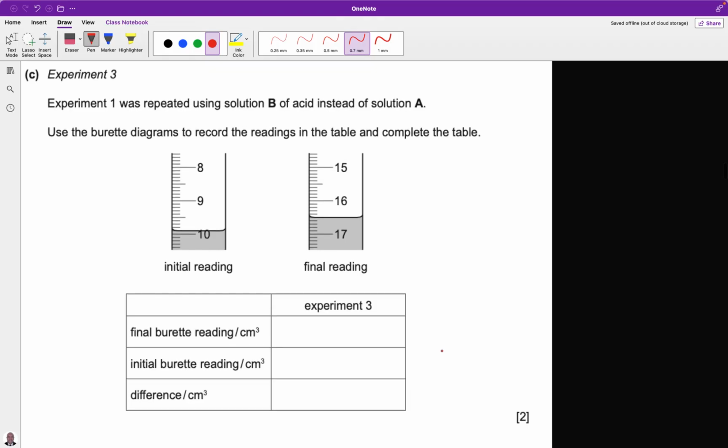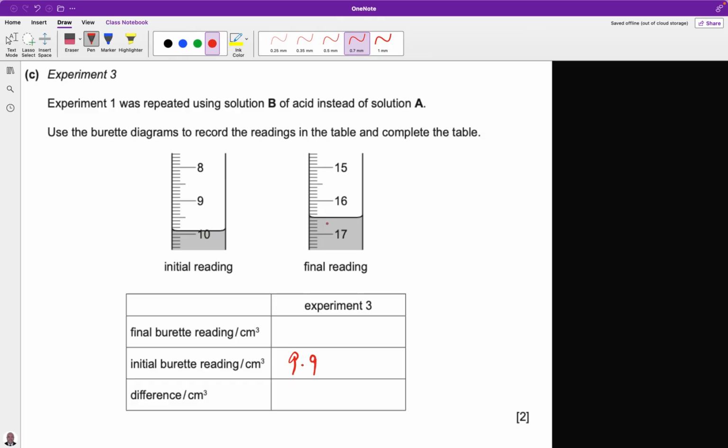Okay, now let's go from here. Initial burette reading. This is 9. 9, 9.1, 9.2, 9.3, 9.4, 9.5, 9.6, 9.7, 9.8, and this is 9.9. So our initial burette reading here will be 9.9.